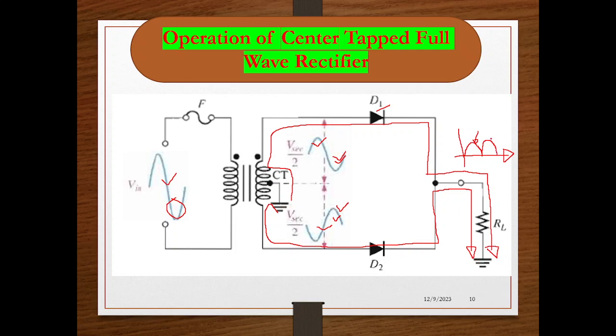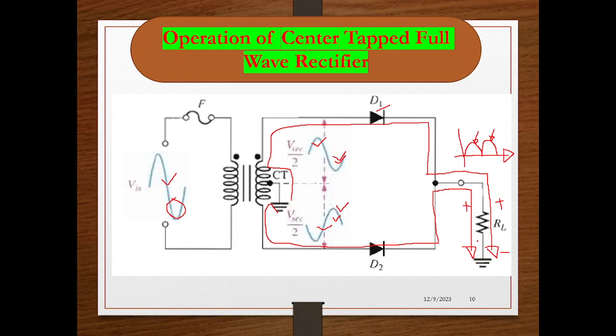What is the main reason? The main reason is simple. See, we are observing our output voltage across RL from top to bottom, for both the cases. You see, during the positive cycle it is flowing from top to bottom like this. During the negative cycle it is flowing like this.